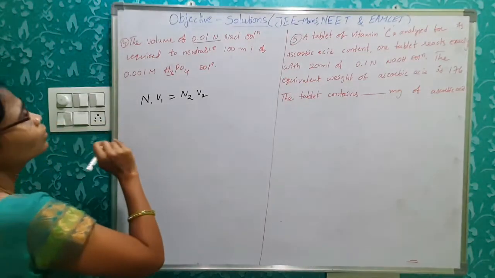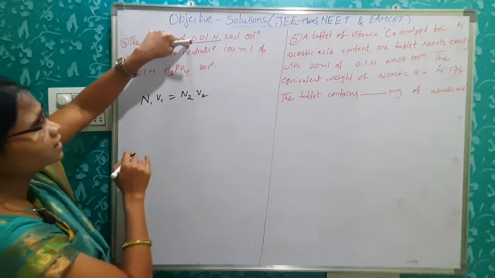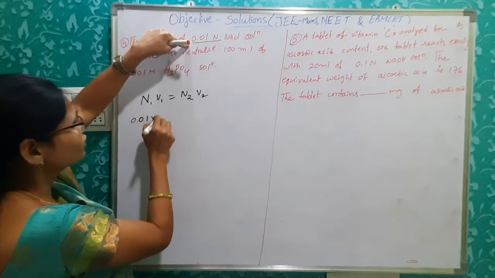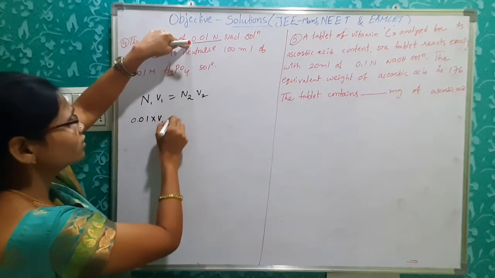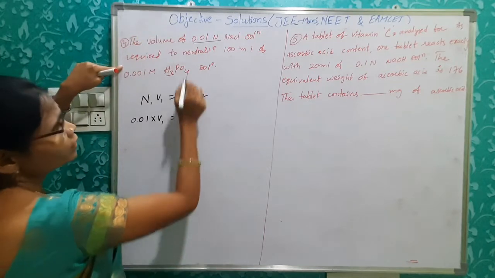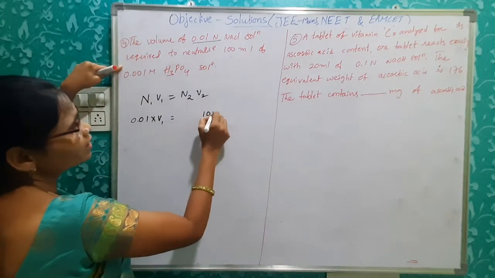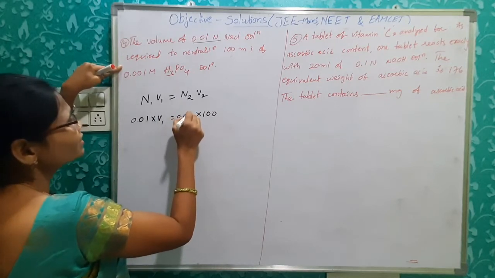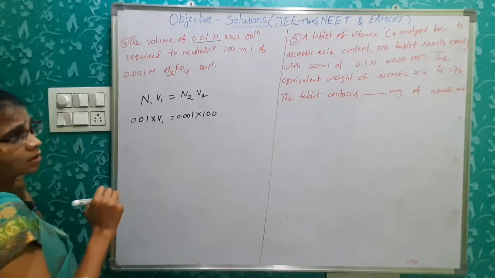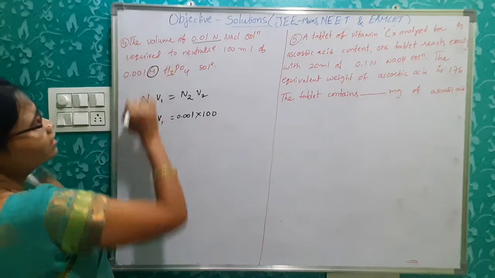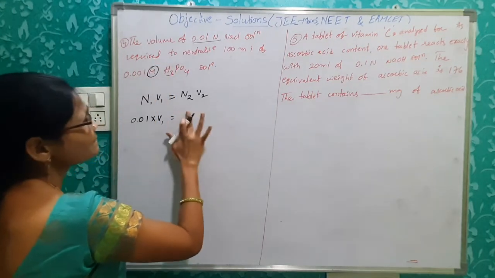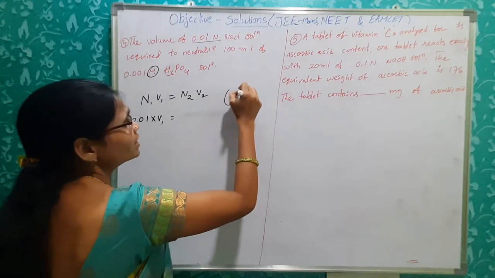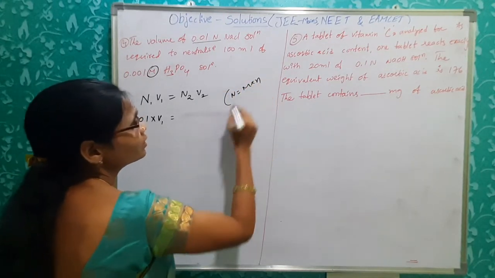Okay, now for the first solution, NaCl solution, the normality is given as 0.01. We have to calculate the volume of that NaCl, V1. Next, required to neutralize 100 ml of phosphoric acid with 0.001. So here molarity is given. So then simply, normality is equal to molarity into n.